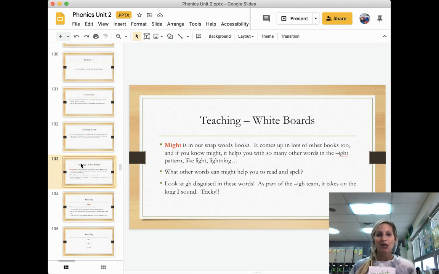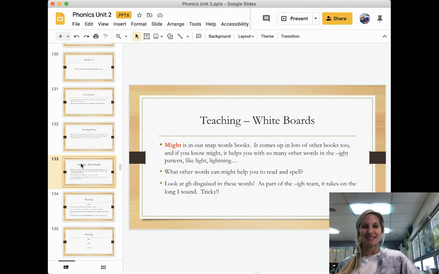So what other words can you think of that have the IGH or even the IGHT pattern in it? Can you think for a second? Think for a second. Can you think of any?